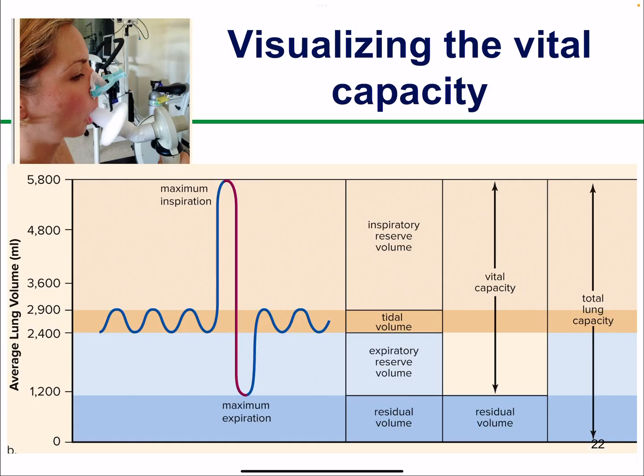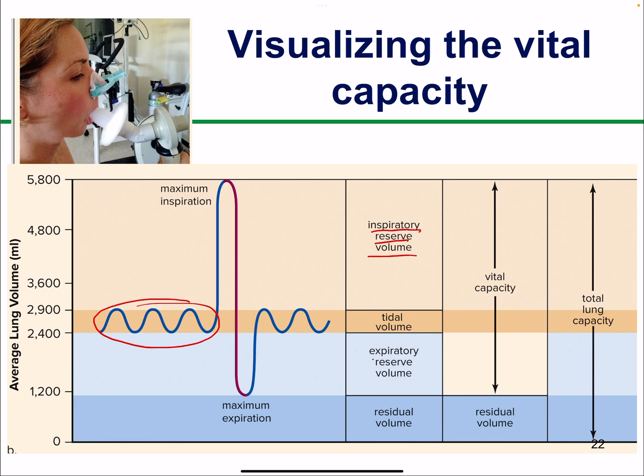Now, to visualize all of this, we have the tidal volume here. That tidal volume is the volume you breathe in and out at a normal level without forcing anything. And then you have an inspiratory reserve volume. That inspiratory reserve volume is when you force air in as much as possible.